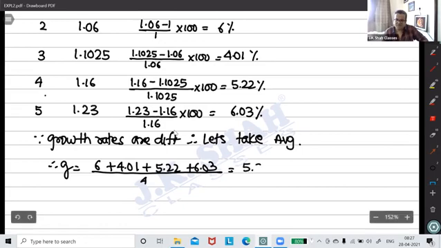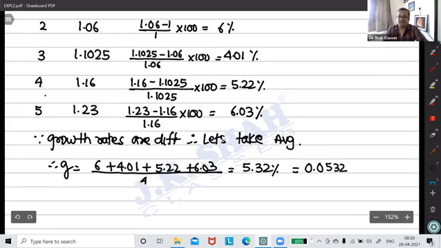So let's take it as 5.32%. So we have got a growth now. We normally need it as 5.32 divided by 100, so it comes to 0.0532.